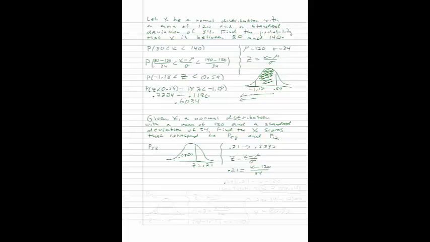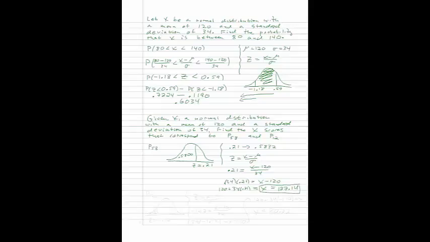What's that going to give us? 34 times 0.21 is going to equal x minus 120. So if I add 120 to both sides, what am I going to get? 120 plus 34 times 0.21. What will that give me? 120 plus 34 times 0.21 gives me 127.14. And that'll be my best answer for P58.